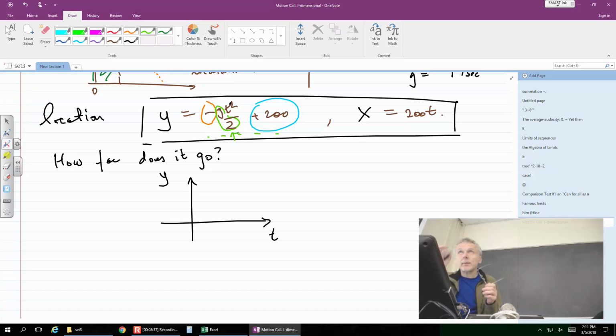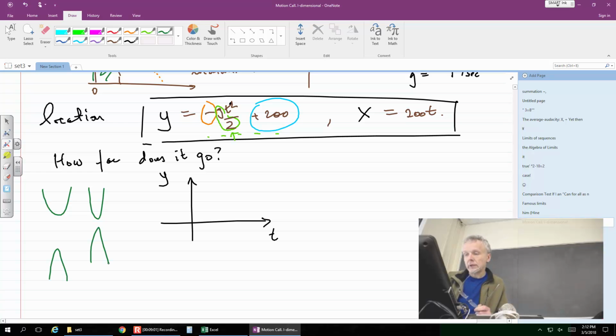So the parabola becomes slender, and then you multiply by negative sign, which does what? So start with this, then stretch, and then you multiply by negative sign. What does it do? Flips it upside down, and finally add 200, shift up. So like this. So that is indeed the result.